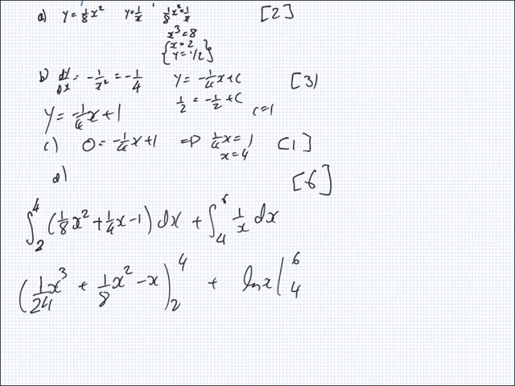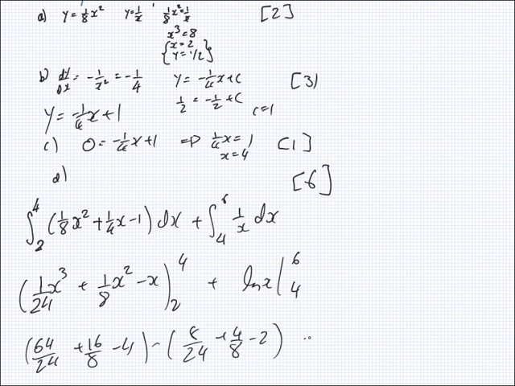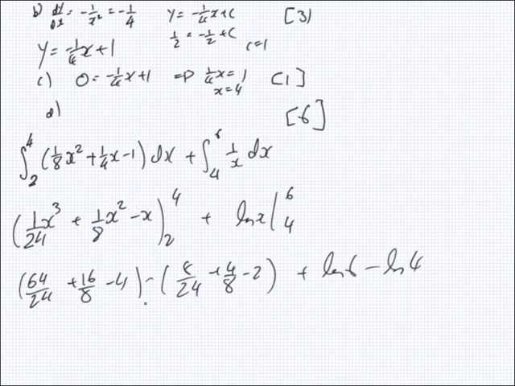So if I put in the 4 cubed, 4 by 4, 16, 64 over 24, whatever that is. 16 over 8, minus 4, minus 8 over 24, plus 4 over 8, minus 2, plus log 6 minus log 4. So what's that going to be?